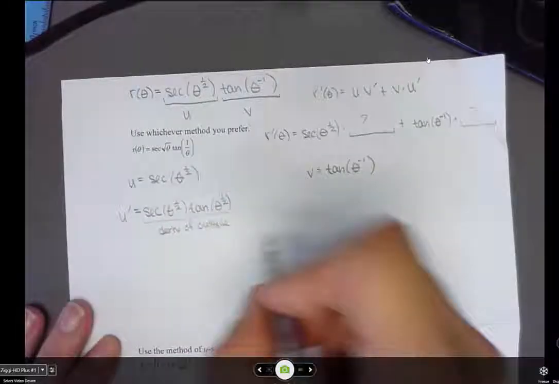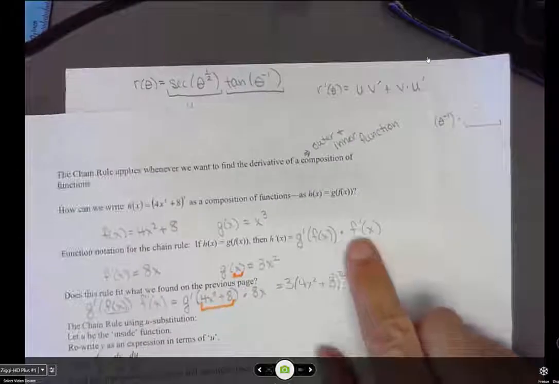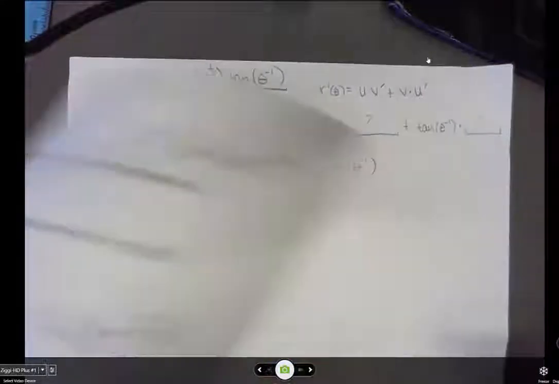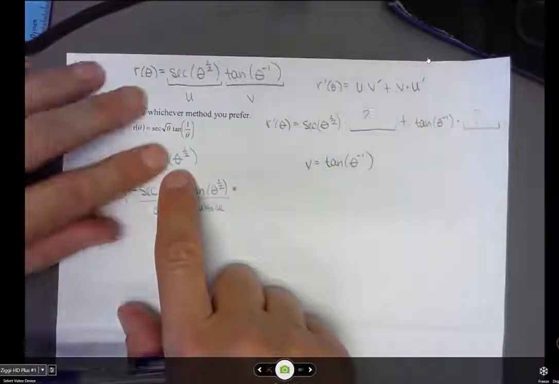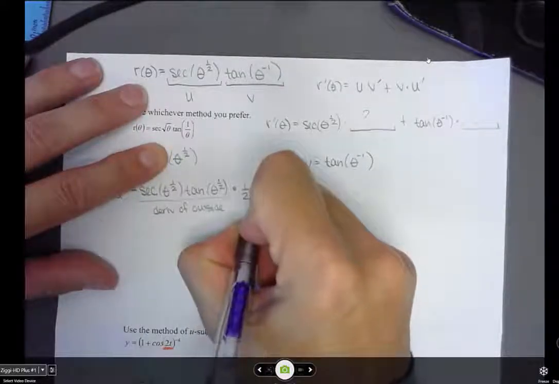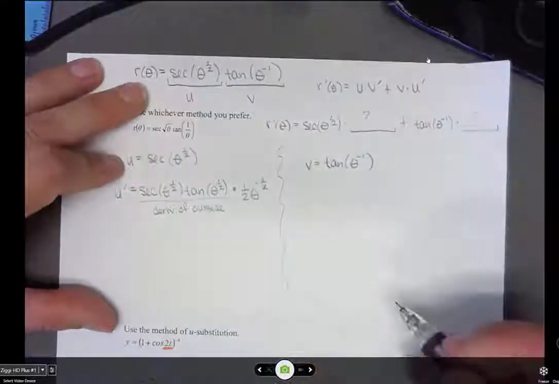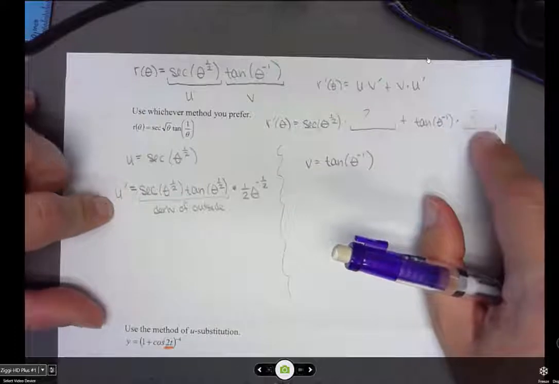Then at the end, we multiply by the derivative of the inside function. So what's the derivative of theta to the 1/2? Well, there it's just the power rule. So it'd be 1/2 theta to the -1. Okay. So that's our u prime, so that will go here. We'll write our answer when we're done finding v prime.